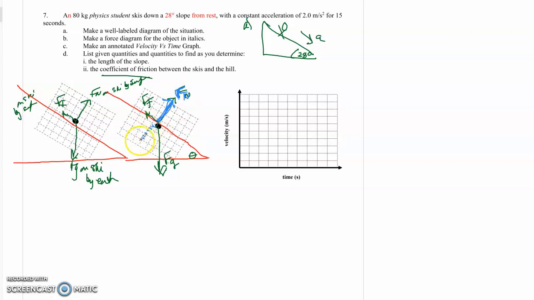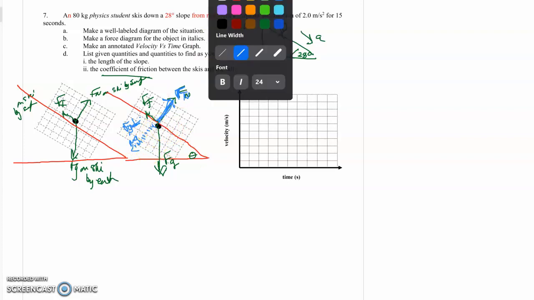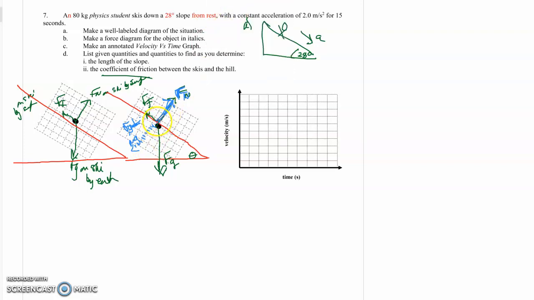So there's the FG perpendicular, which is mg. So this theta is this theta. I'll just remind you of a couple of things, okay? I'll do the parallel to the plane in pink. So this would be FG parallel.